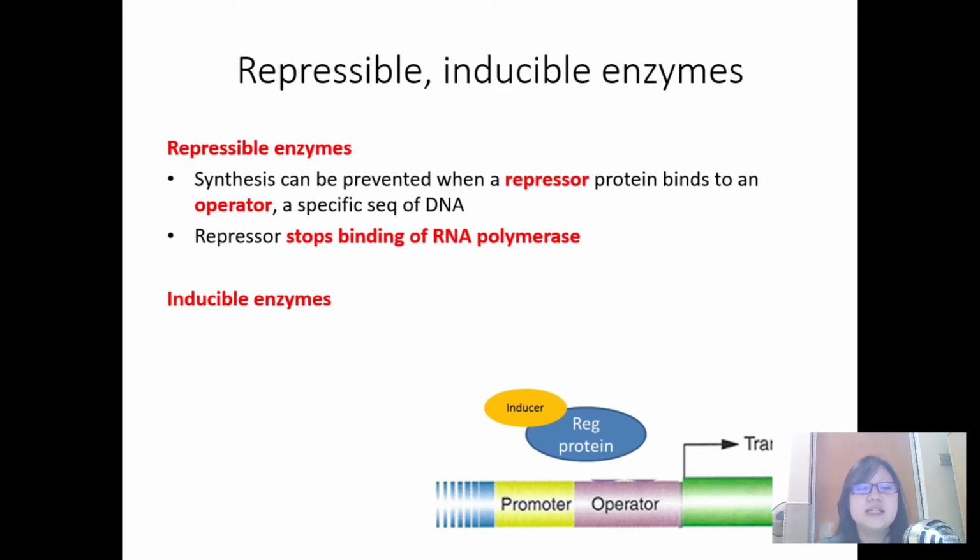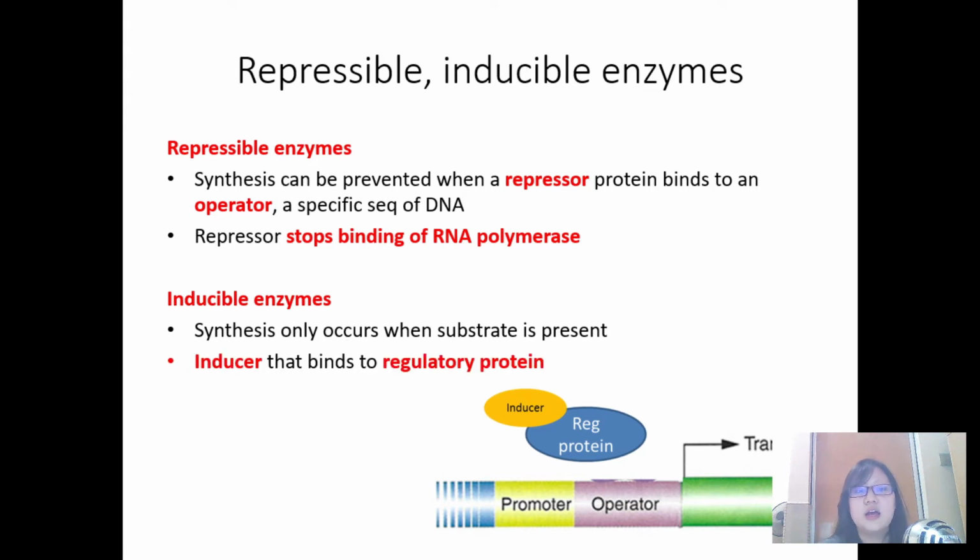What do we mean when we say it is an inducible enzyme? These are not mutually exclusive, meaning you can be both repressible and inducible. An inducible enzyme means that synthesis can occur when the substrate is present.